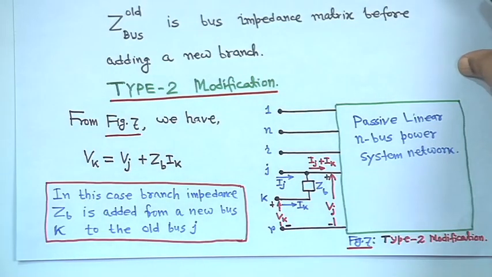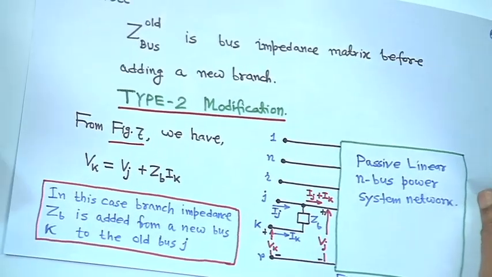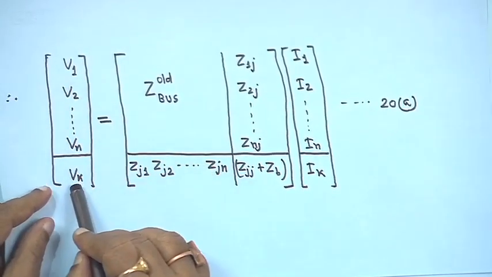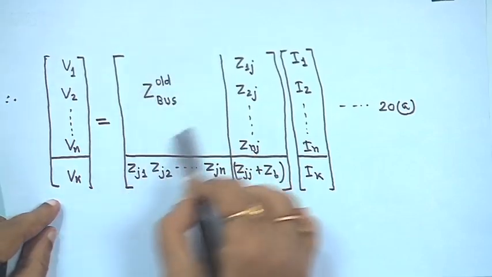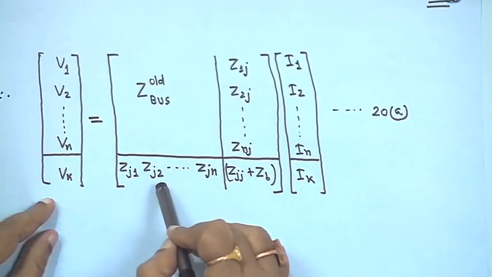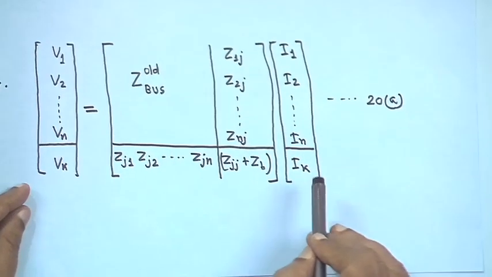Now, Vk is equal to Vj plus ZB IK, that means we can write this equation as a whole: V1, V2 up to Vn, and this is Z bus old, and this is ZJ1, ZJ2 up to ZJn, and how it is coming we will see, and this is your current IK.